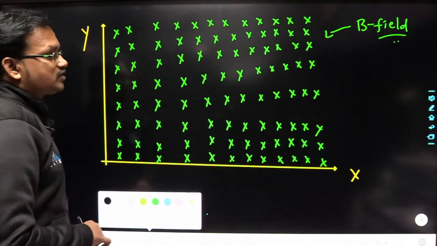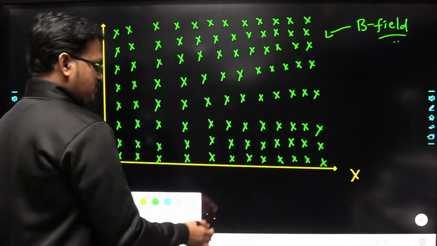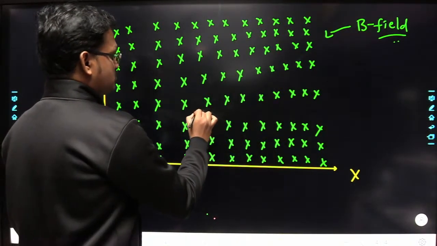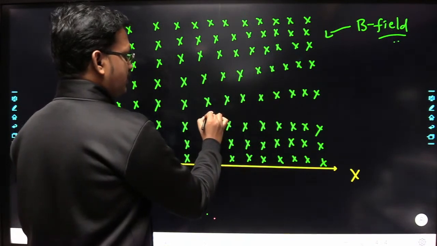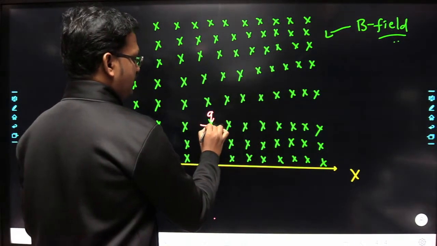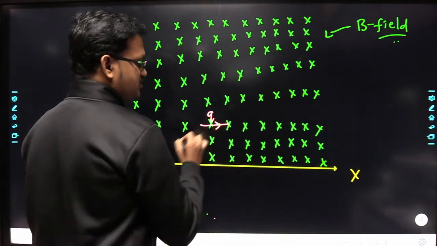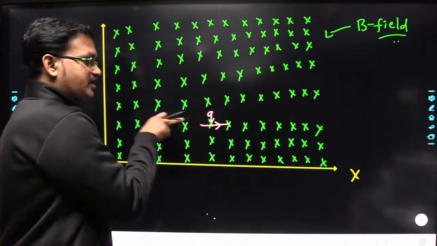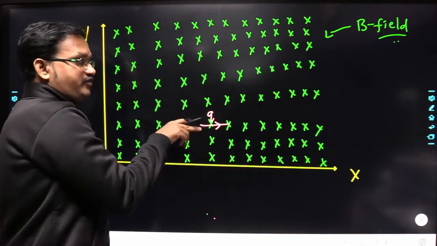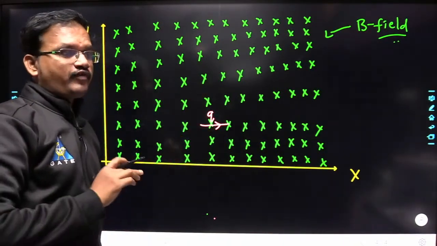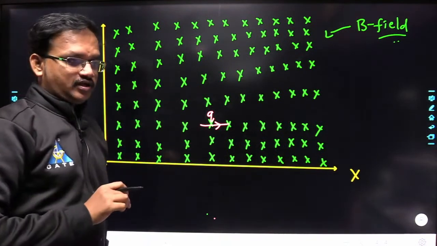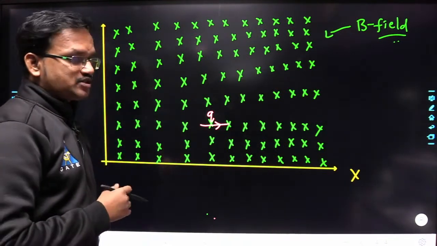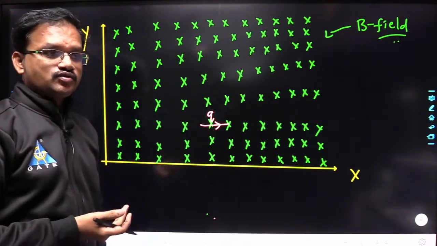Let us say a charge Q is moving here. Initially, let us say it is moving in X direction. Initially a charge Q is moving in B field along X direction. So whenever it is moving along X direction, in which direction is it going to experience the force?